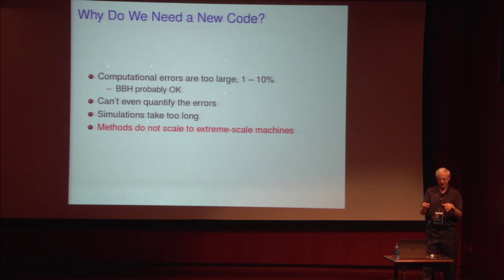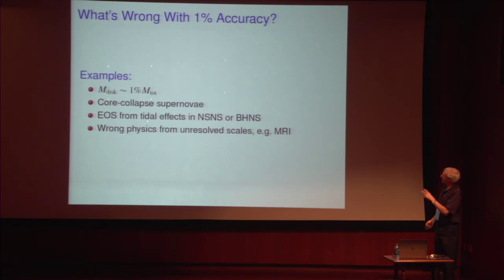And the problem is that the current methods, typically the ones that most computational relativists use, after a few thousand processors, they stop making use of adding more processors. If you work really, really hard, devote several postdoc years to tuning your code, you can get it to scale maybe to 100,000 processors. But as soon as you change the machine or try it on another problem, you have to start from scratch again. So this is a big problem. So let me give you some examples where you actually need this high precision.